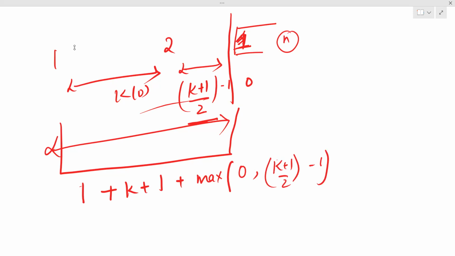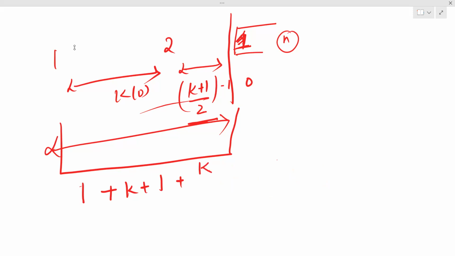Actually I don't have to write maximum 0, because my k is more than or equal to 1. So if my k is at least 1, this value is always going to be more than or equal to 0. So finally, this is the length of my block, this 1 unit block.